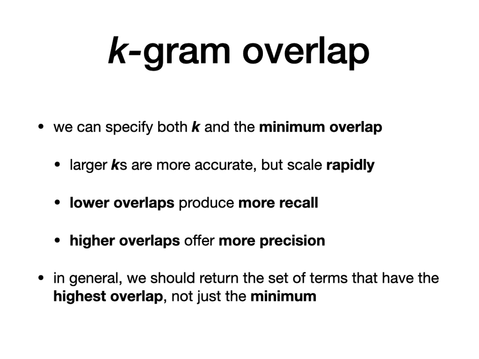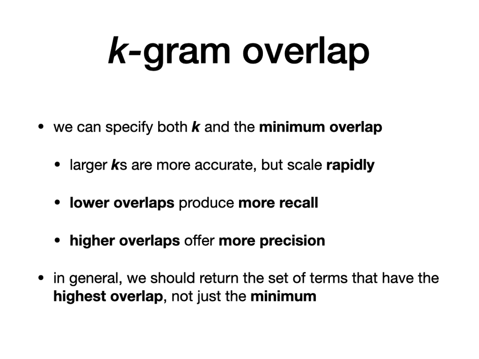Larger Ks are better, but that scales rapidly. The issue is that lower overlaps give more recall. They're less stringent. So if I only require 1 bigram of all the words to be considered, then that's going to produce a lot of options that are going to kind of waste our time.